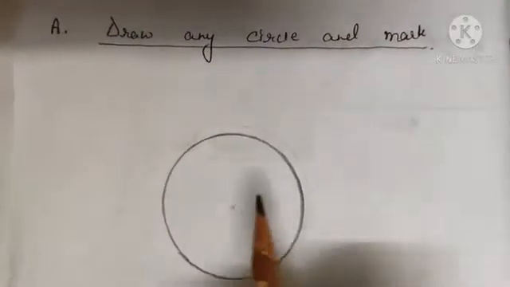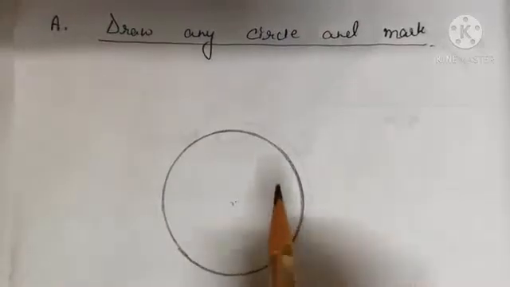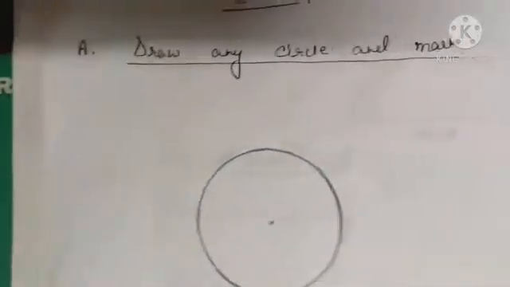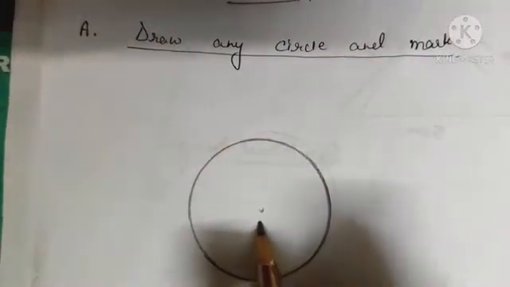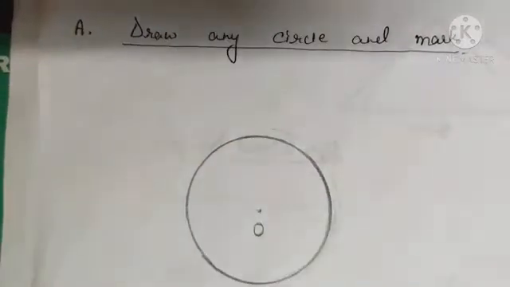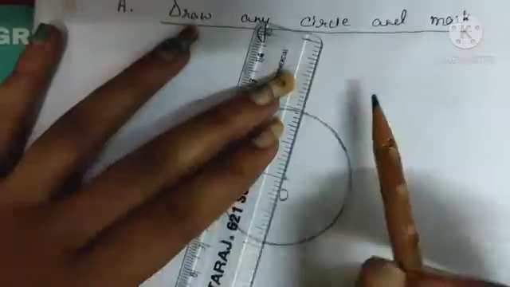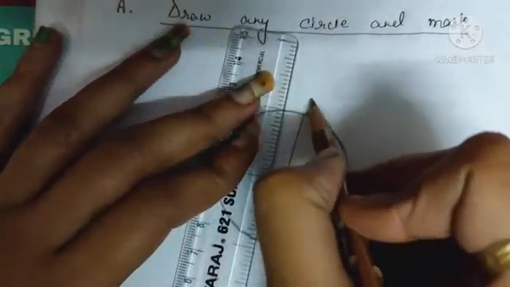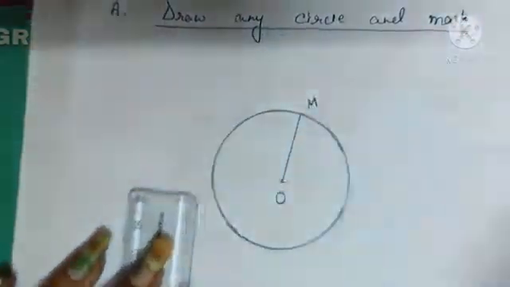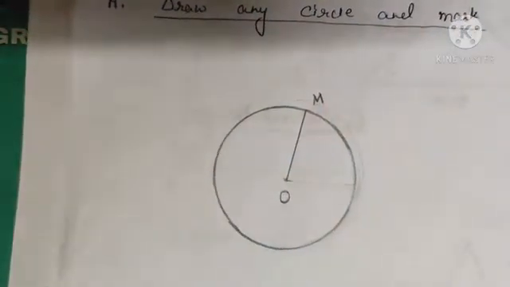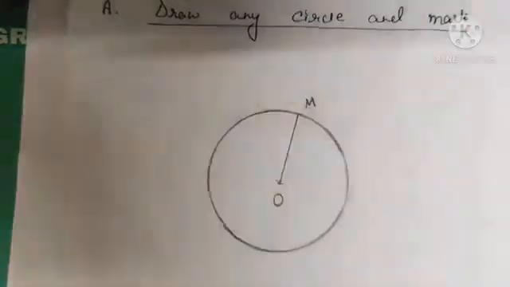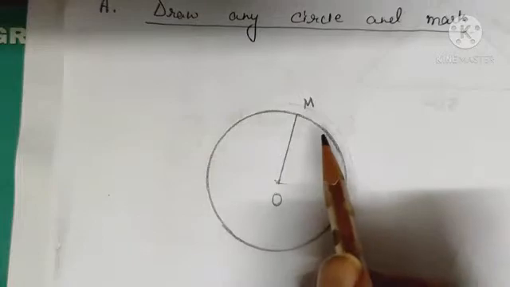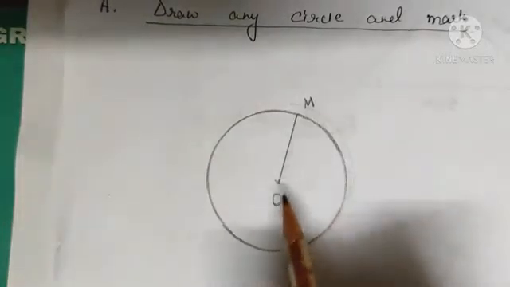So first we draw a circle. I have already drawn it. Here we mark a point, its center, O. Then its radius, OM, is the radius. A distance from the center to any point on the circle is called its radius.